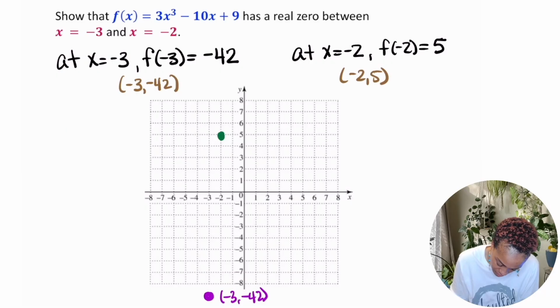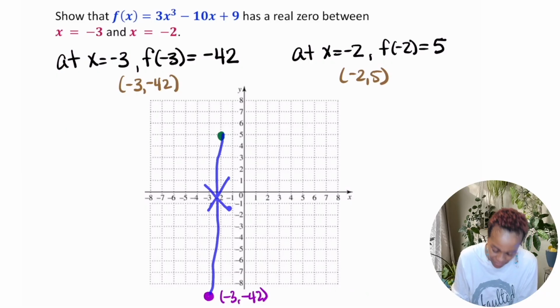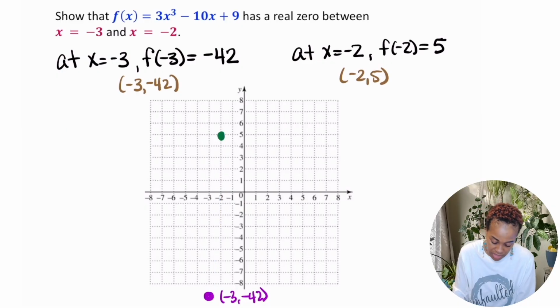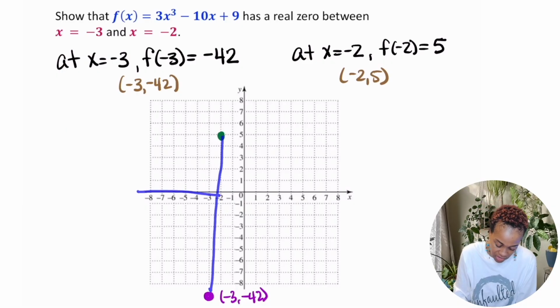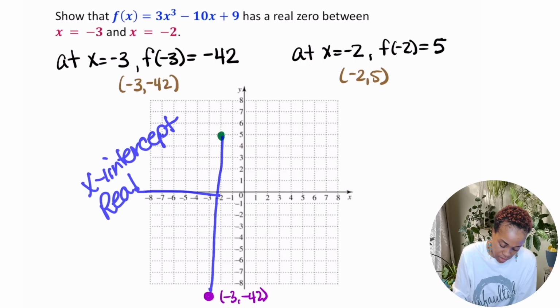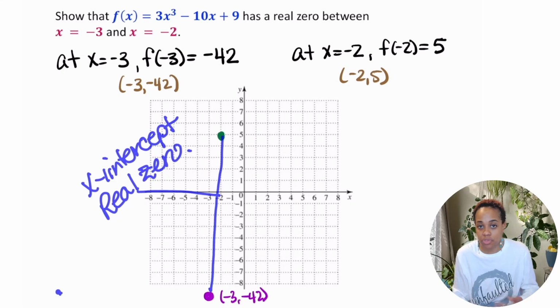In order to get from this point to this, you have to cross the x-axis. So because you cross the x-axis, there has to be an x-intercept. And if there's an x-intercept, you have a real zero, meaning it's a real number. It's not an imaginary number. That's what the intermediate value theorem says.